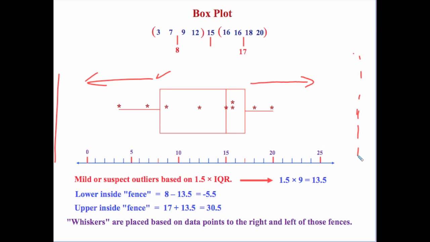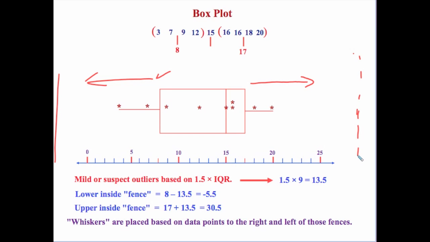Everything's on the inside. So basically, note at the bottom it says whiskers are placed based on data points to the right and left of those fences. So in other words, another way of thinking of it would be that your whiskers are going to go to your data points that are not outliers.